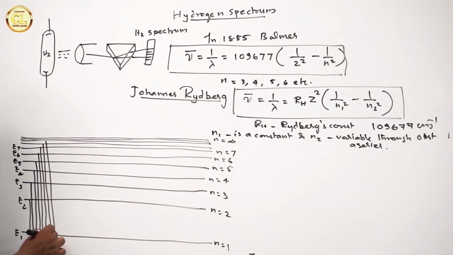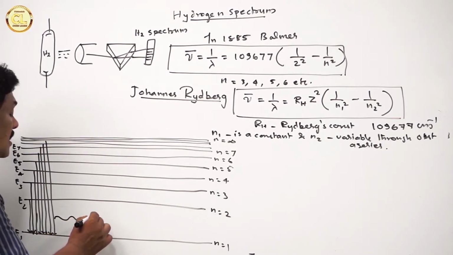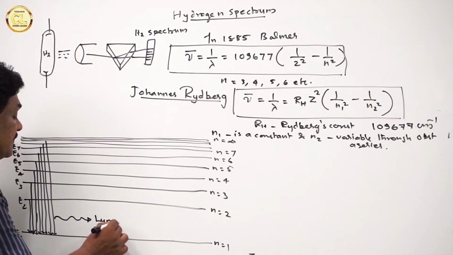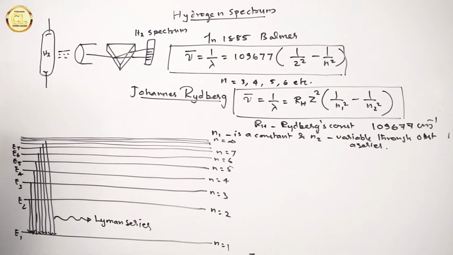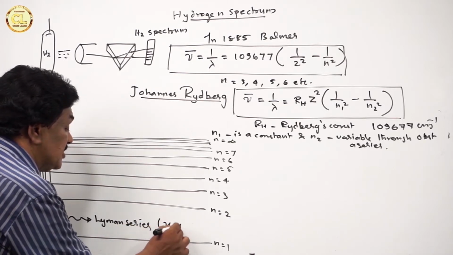All these de-excitations take place to n equals 1 level, and the corresponding series is called Lyman series. It falls in UV region.